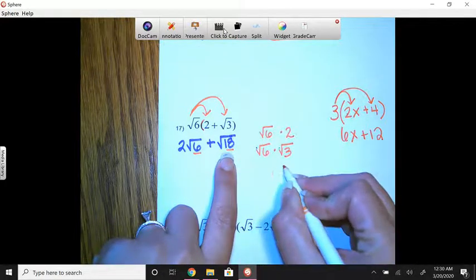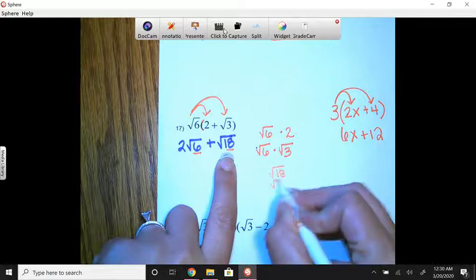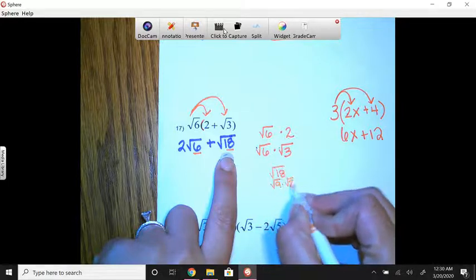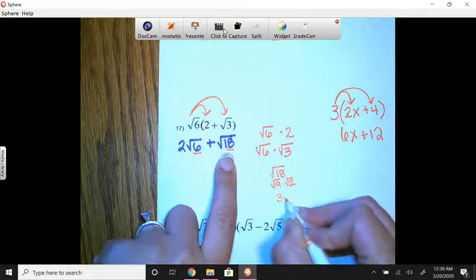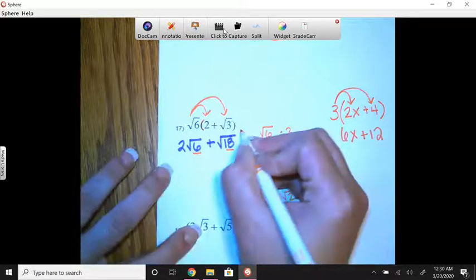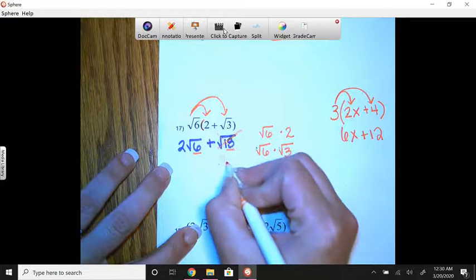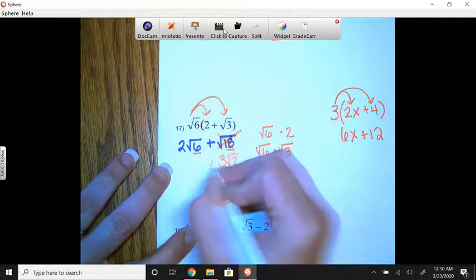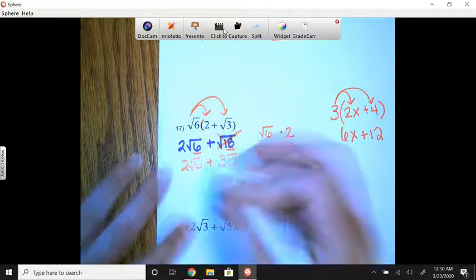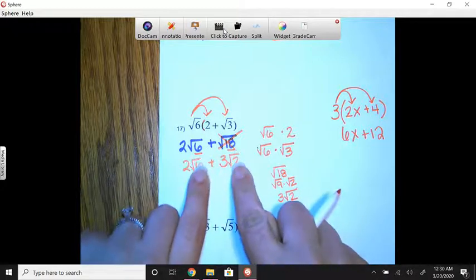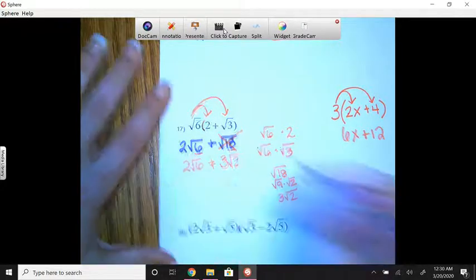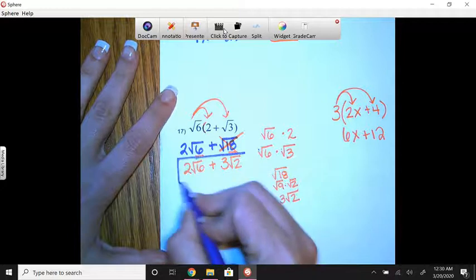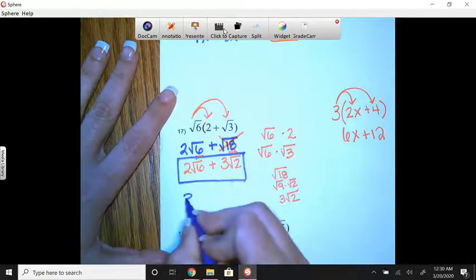So I'm going to go ahead and simplify the square root of 18. It's 9 times 2. Square root of 9 is 3, and we would get 3 rad 2. So I'm going to take this out and put 3 rad 2. Okay, now to be able to add these, this has to match, which they do not, so this would be our final answer. You could also have this as your final answer.